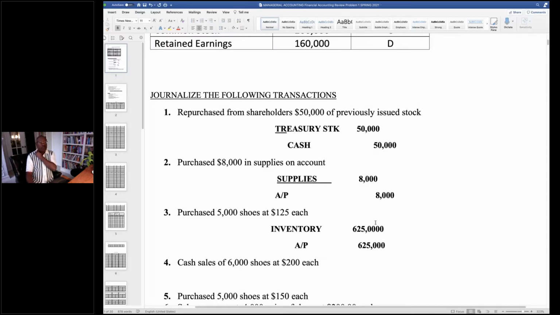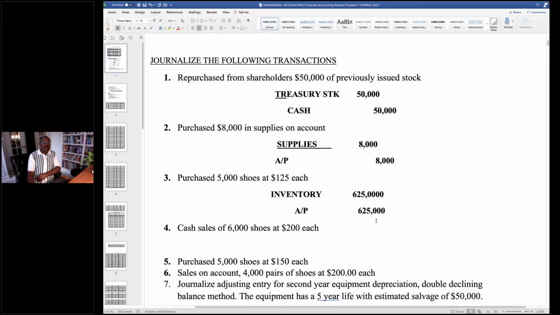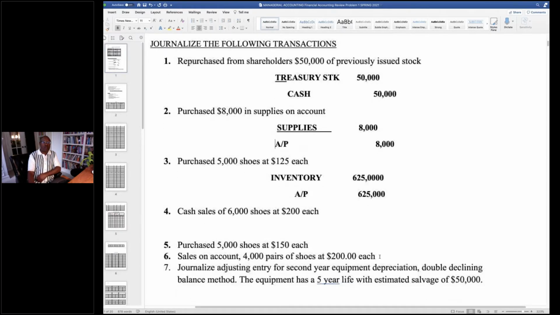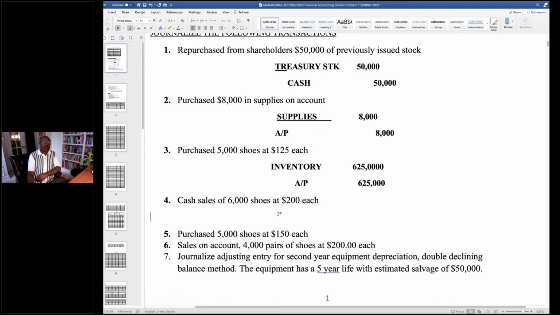Okay. Now, when we sell something, we have cash sales now. What do we know is going to happen? We're going to end up getting the cost of goods sold. We're going to have two entries. In the first entry, we're going to debit cash $1,200,000.